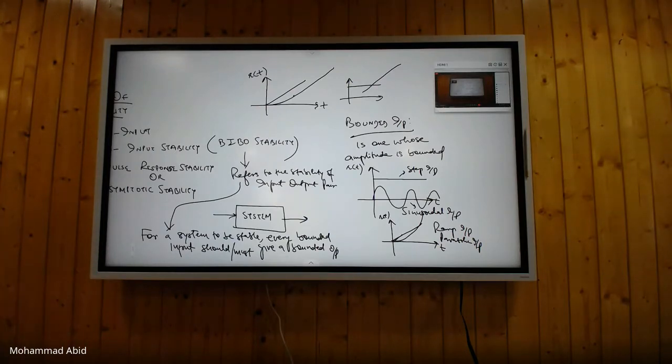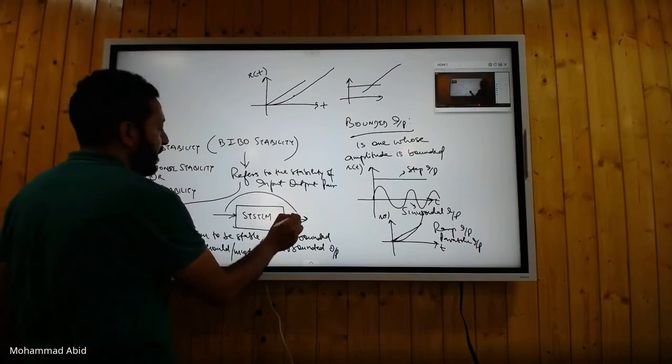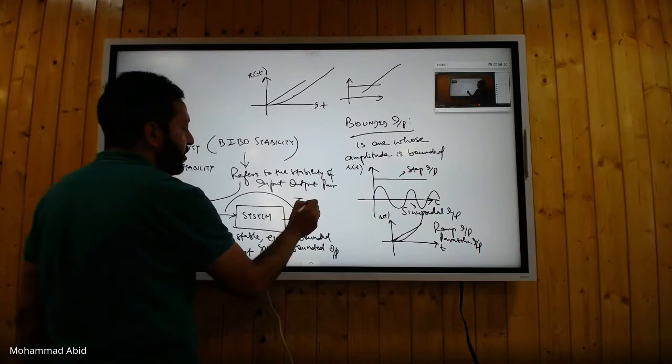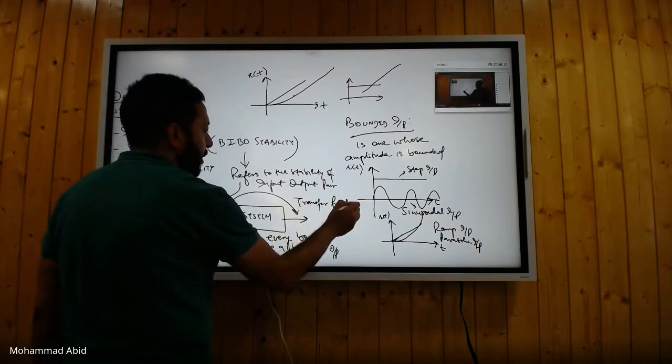Now this information actually, because इनपुट आउटपुट डायनेमिक्स की जो स्टडी की जाती है वो ट्रांसफर फंक्शन मॉडल्स में की जाती है. आपके पास एक सिस्टम है, इसकी जो इनपुट आउटपुट डायनेमिक्स है, that we study through transfer function models, isn't it?